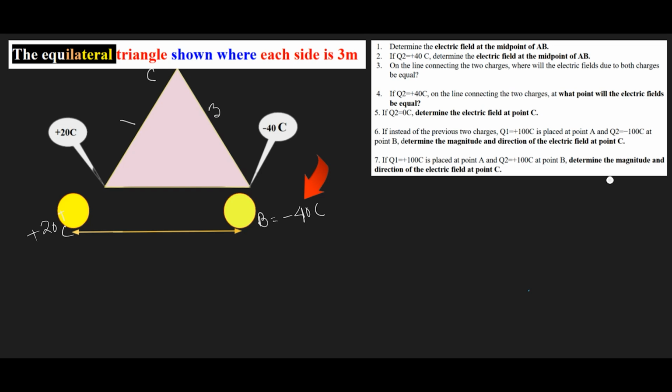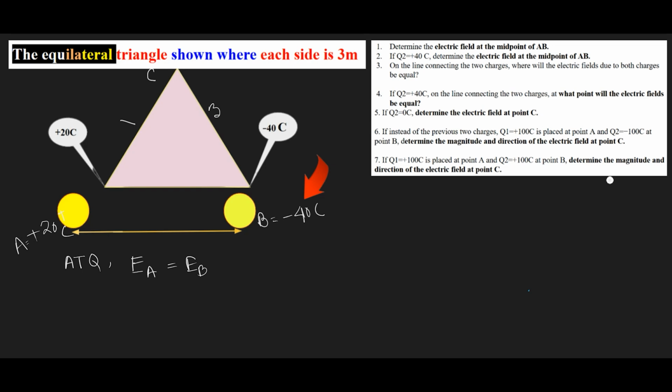Obviously this is positive. At some point, we don't know exactly, electric field will be equal. So the question condition is electric field EA is equal to EB at some point where we don't know yet.